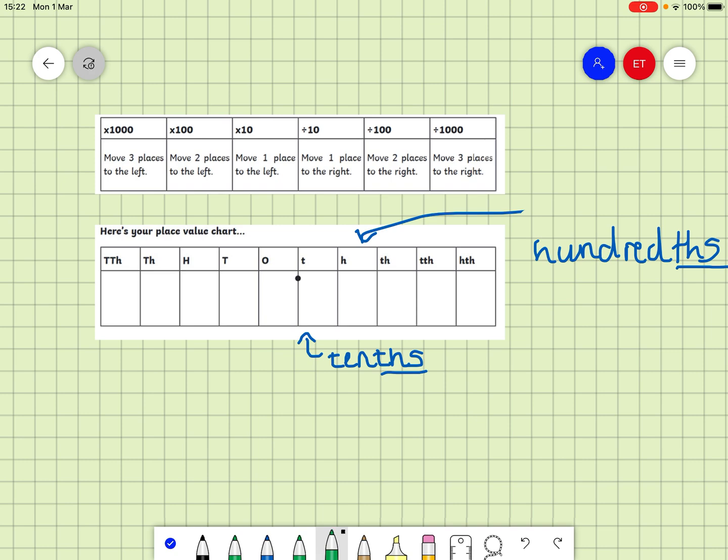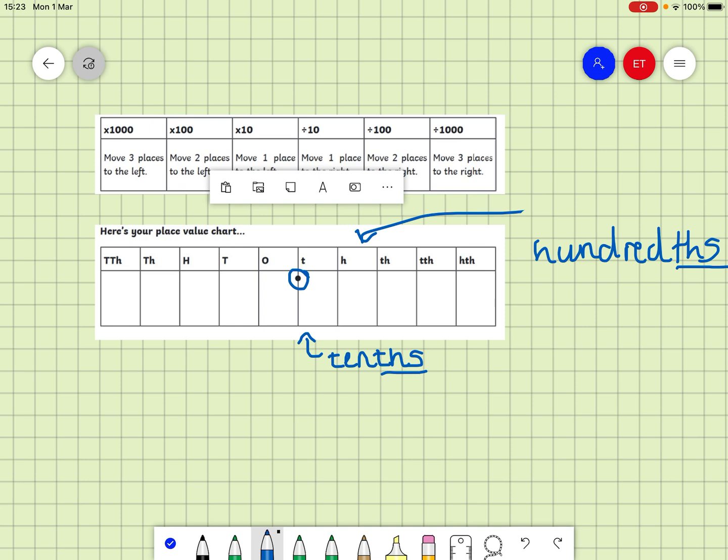Now, what we're learning today, however, is the value of everything before the ones, okay? So we have what is called a decimal point there.